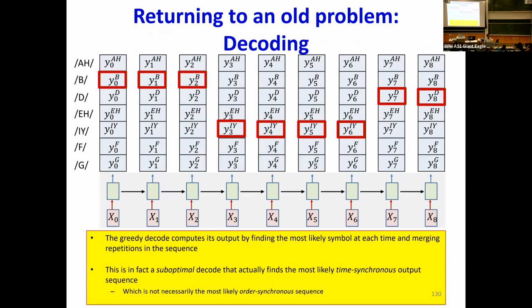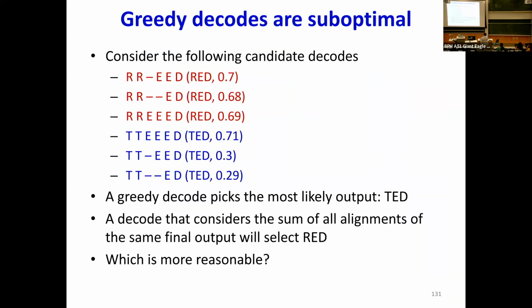So now here's a problem, right? We said that the manner in which we performed inference was greedy. When we performed greedy decoding, initially we had the issue that we couldn't distinguish between repetitions, but once you introduce a blank, that problem has gone away, but you're still left with an issue. So let's say I have these possible decodes of an input which is 6 symbols long.